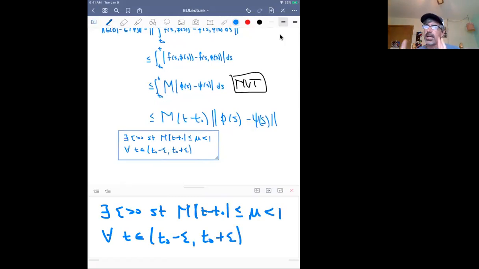And that right there is where the local part of the theorem comes in. This is why the existence and uniqueness theorem is a local theorem, because I have to do that step to apply the contraction mapping theorem.